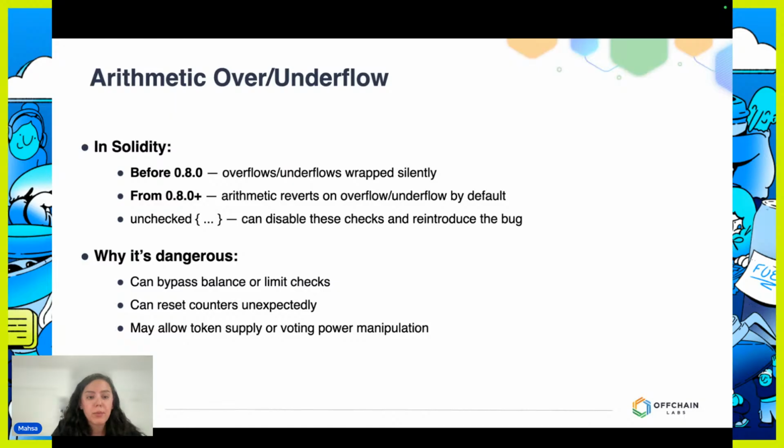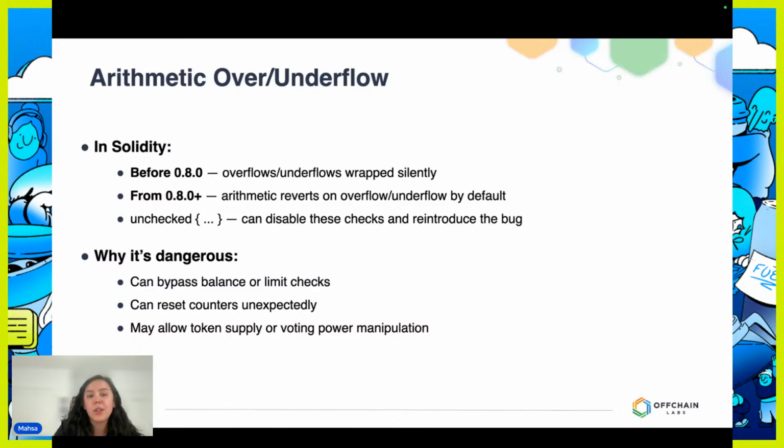But you have to remember that you can still disable this using the unchecked block. If you do, it saves some gas, because you're eliminating extra opcodes for checking underflow and overflow, but you are disabling the checking. So you have to make sure that you're not reintroducing the bug.